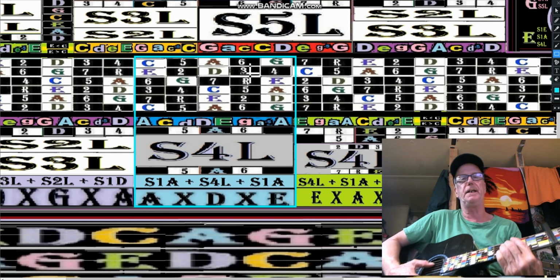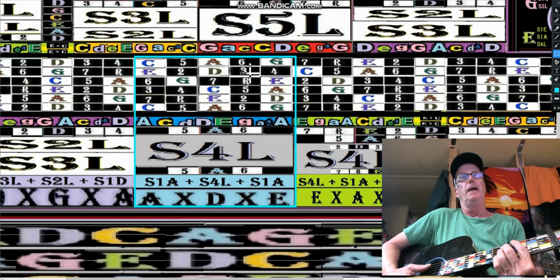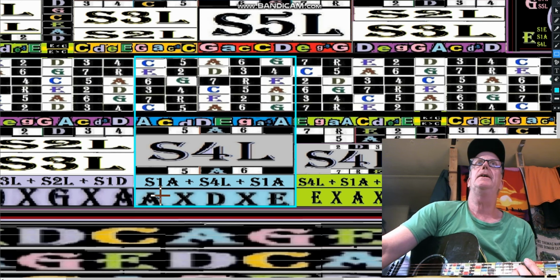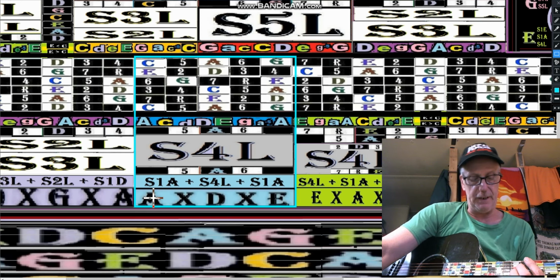Okay, so now we're on an A-shaped C. The root is the C, A-shaped.